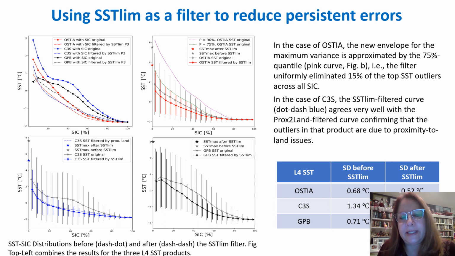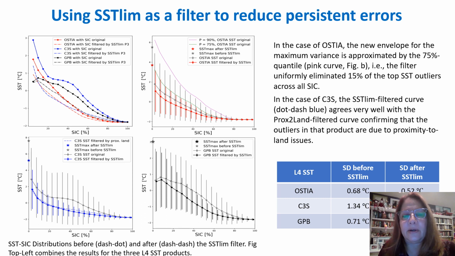Top right is Ostia, bottom left is CCI, and bottom right is the GHRSST blended. Just at a glance, we see that the effect of the filter is very powerful at reducing the standard deviation at high latitudes.